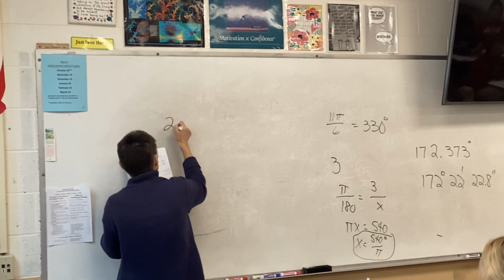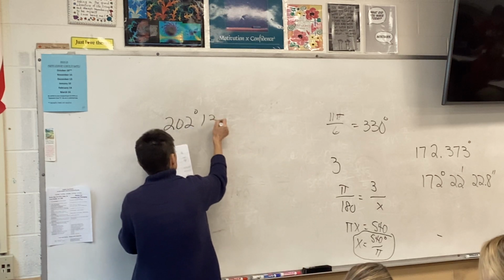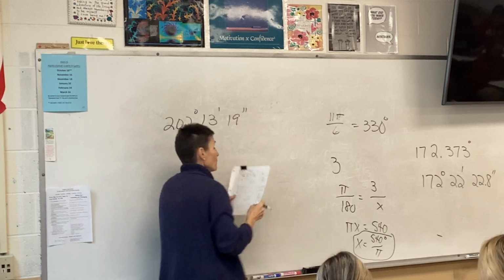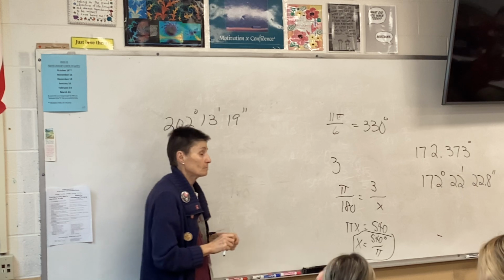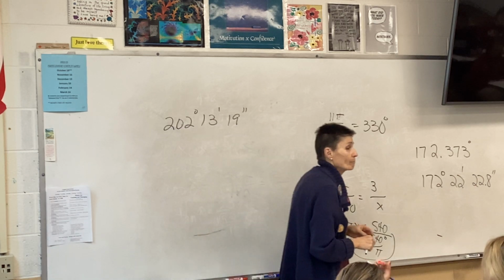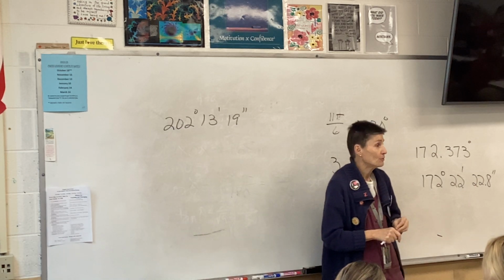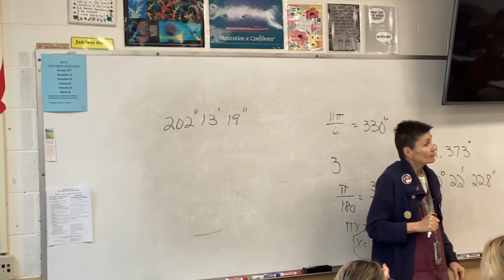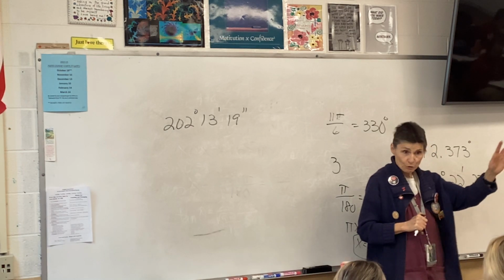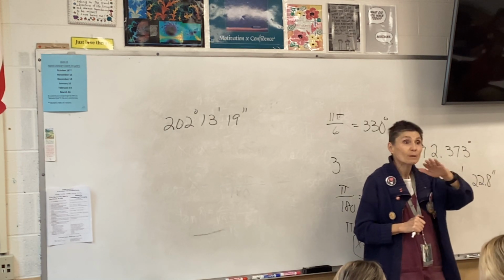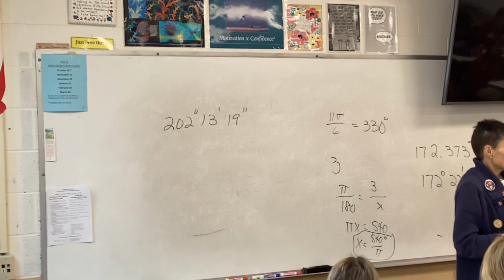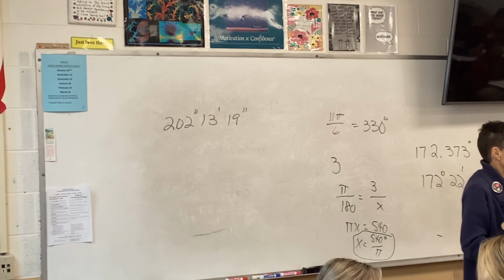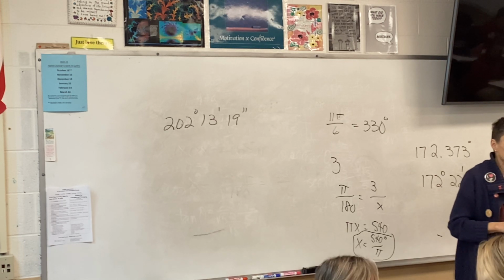All right, we have 202, 13, 19. And we want to change this into a decimal. You remember how to do this. Delaney? I enter 202 first. This is the one that's got to go into pieces. So 202. So second angle, pick degrees.